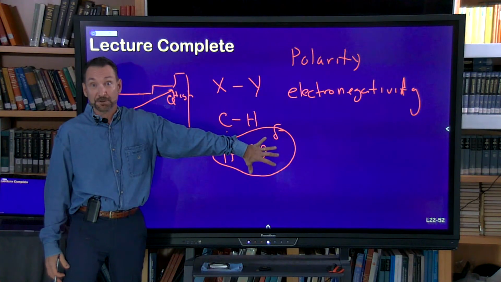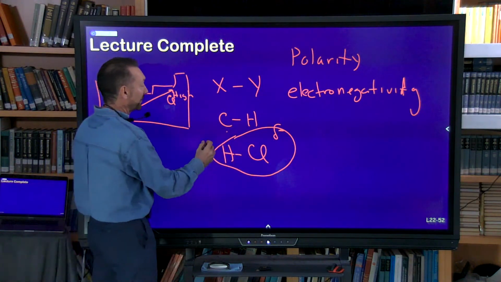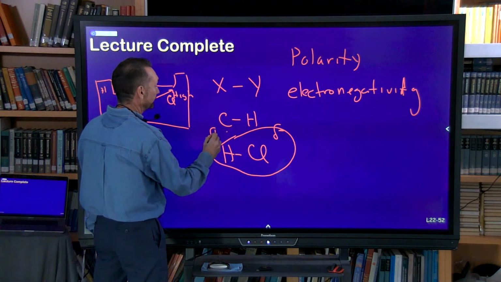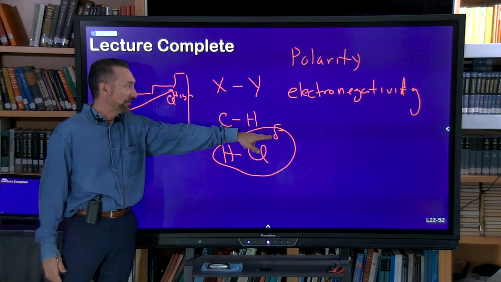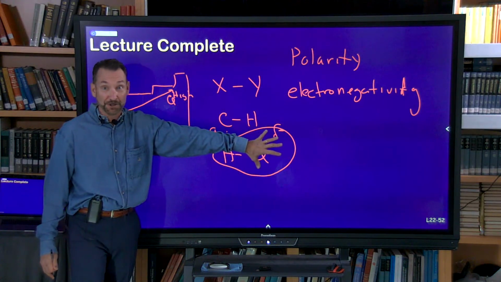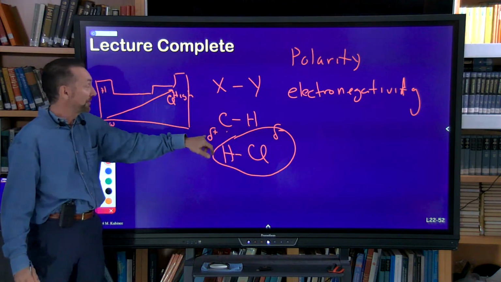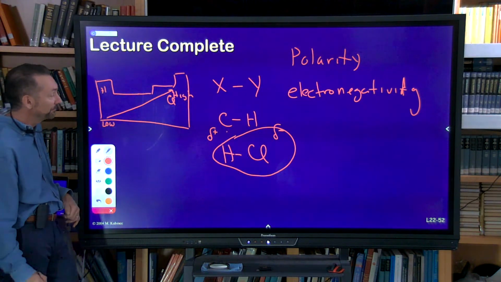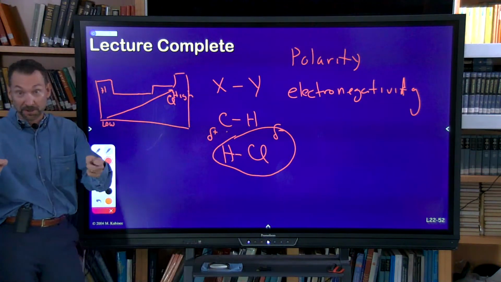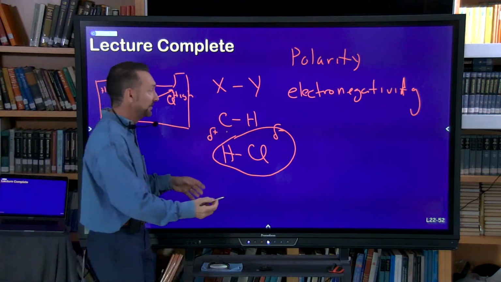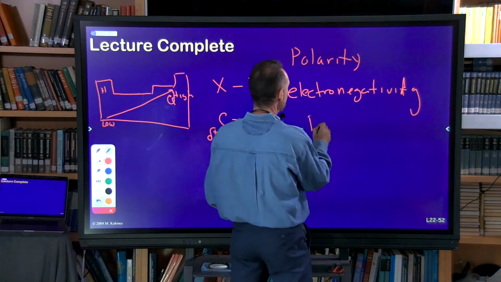Higher amplitude of the wave function over here than over here. So there's a partial, this little delta means partial, not a full negative charge over here. A fraction of negative charge here, a fraction of a positive charge here. And that is what we call any charge separation, is called a dipole.